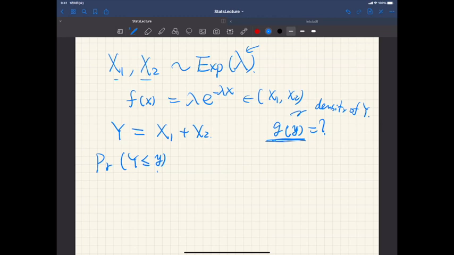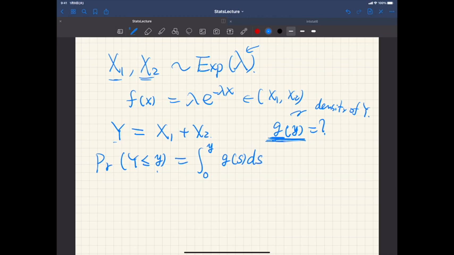So this is basically the cumulative distribution function for y. Since x1 and x2 are exponentially distributed, they are non-negative, so y is also non-negative, so we integrate from 0 to y. And if we assume the density is g, then it's written like this.